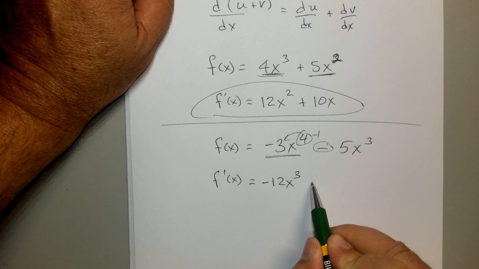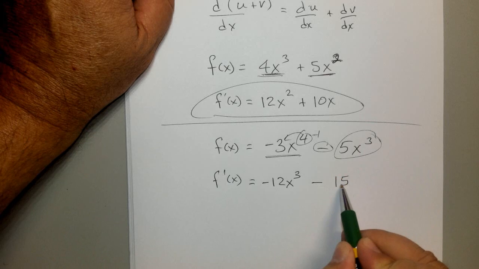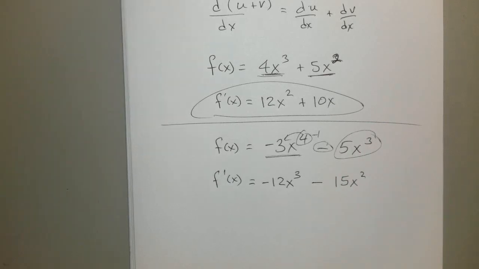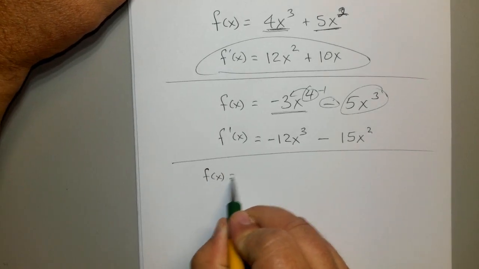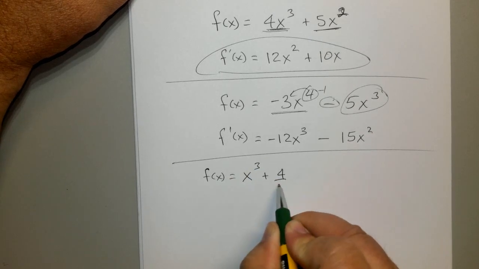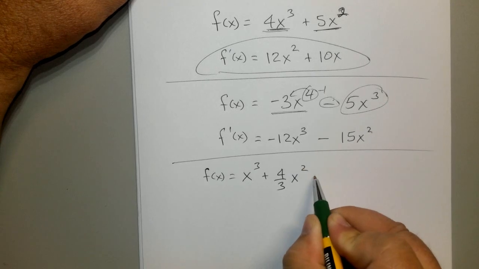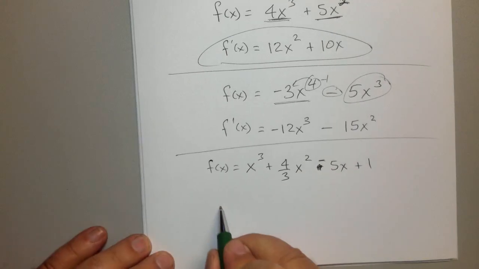Then, what sign? Minus. And then the other derivative, 15x. And it doesn't matter how big of an equation you have. Find me the derivative of this function.